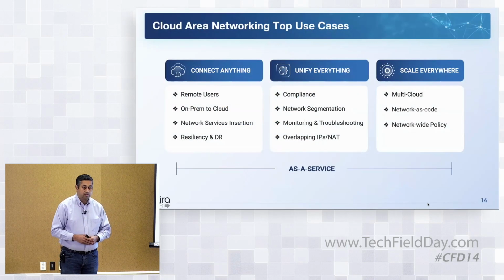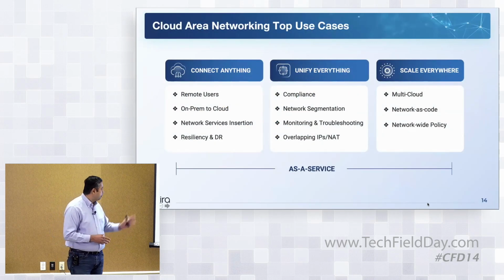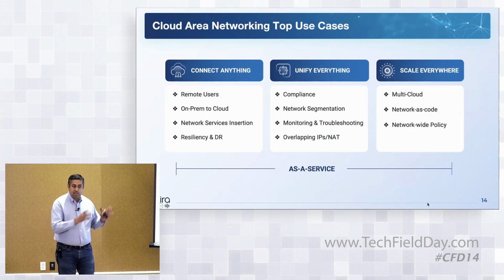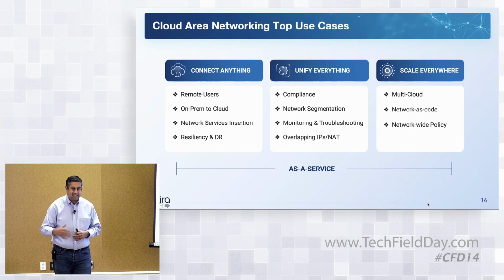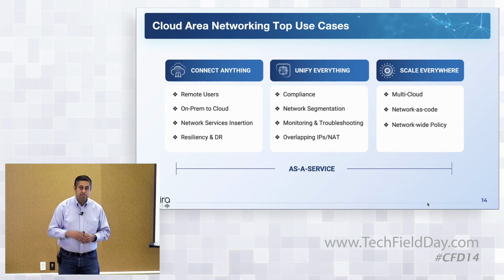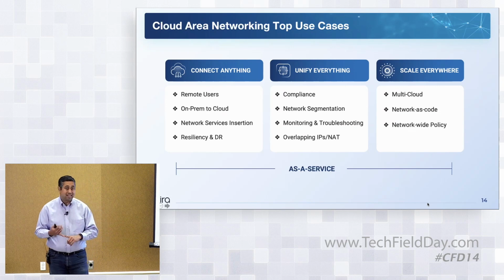So let's talk about typical use cases. So we bucketize these use cases into connect, which essentially you can connect anything into the fabric, unify, and scale. In terms of connect, there are multiple different ways you can bring your on-premise network into the Alkira fabric. You can bring it through SD-WAN.